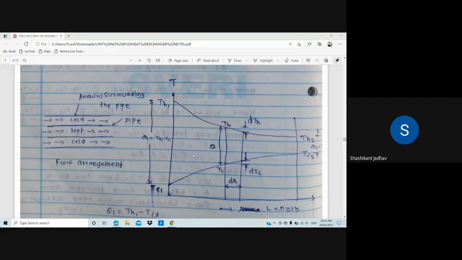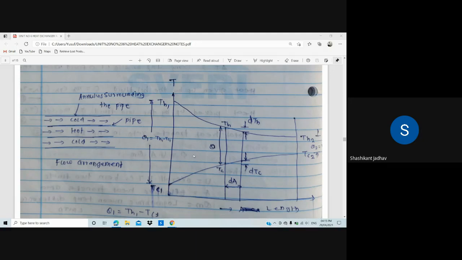Write down LMTD for log mean temperature difference, derive expression. Okay. So do the LMTD for parallel flow heat exchanger and draw these two diagrams.